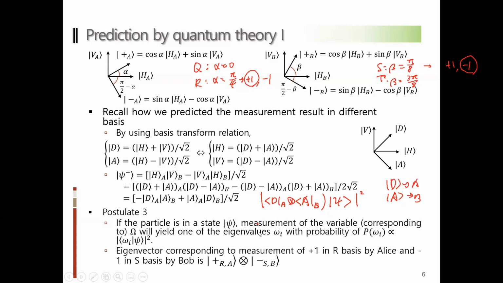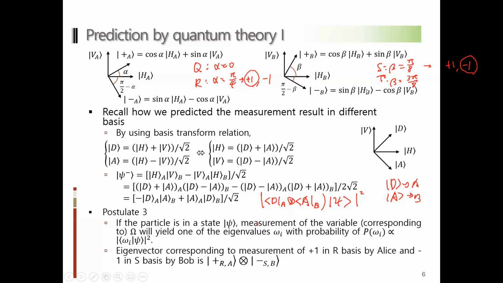The probability to measure these eigenvalues as the measurement result is obtained by calculating the inner product between the quantum state and the eigenvector basis. Eventually it is calculated as the square of the absolute value, like this one.